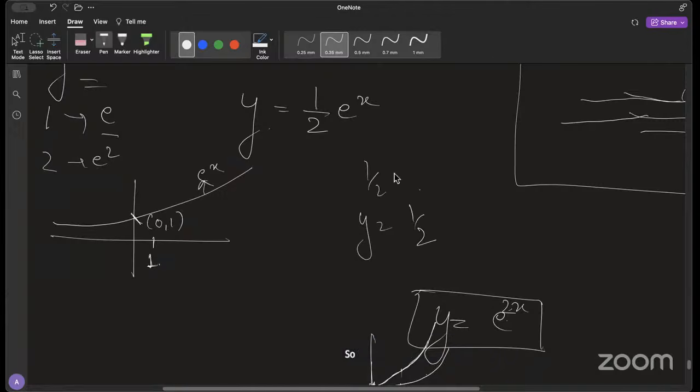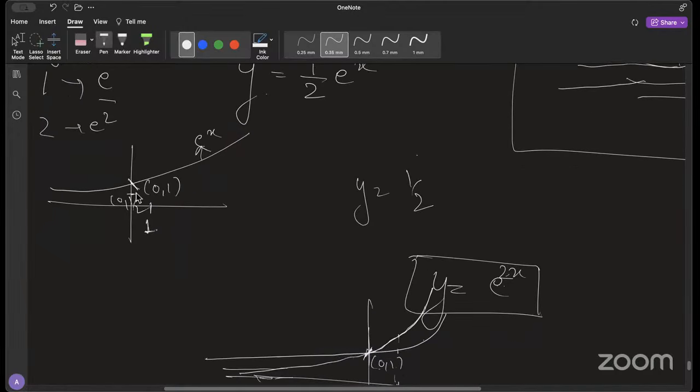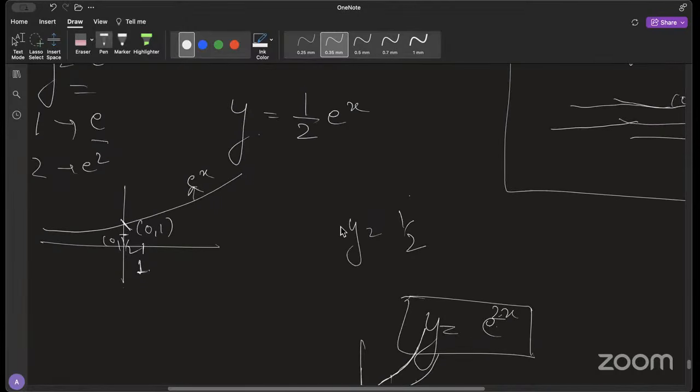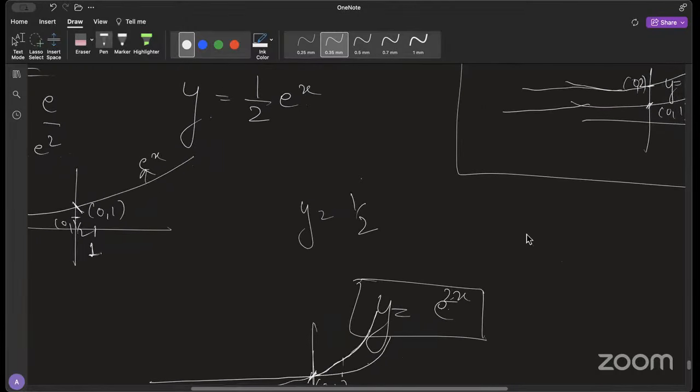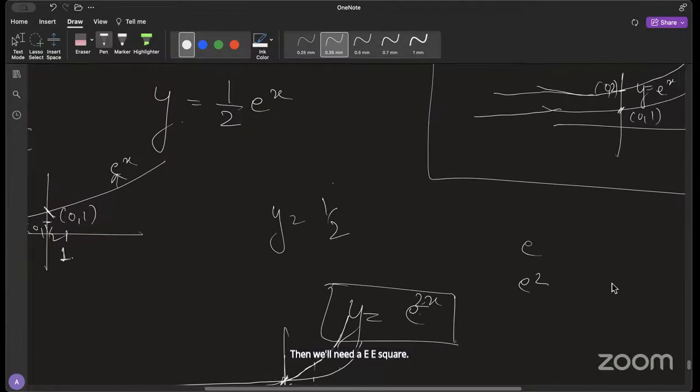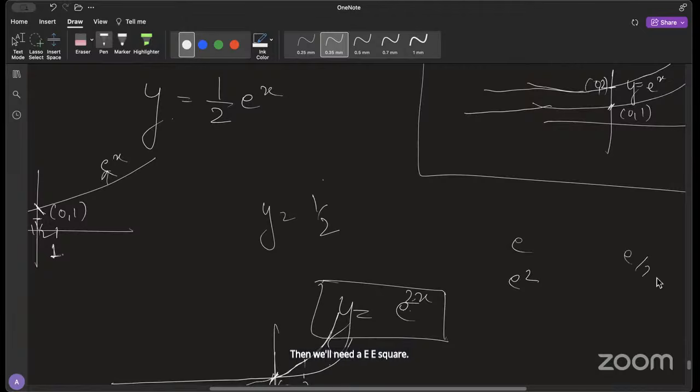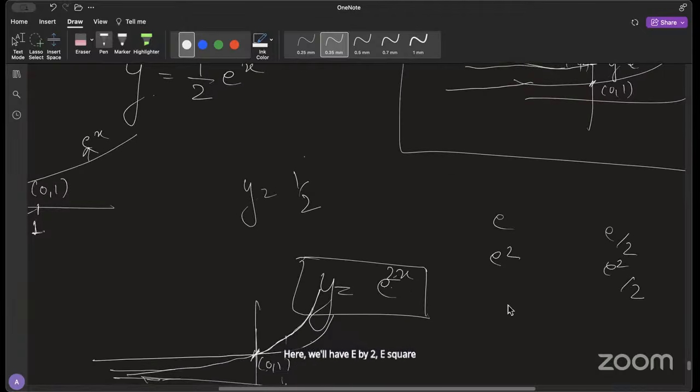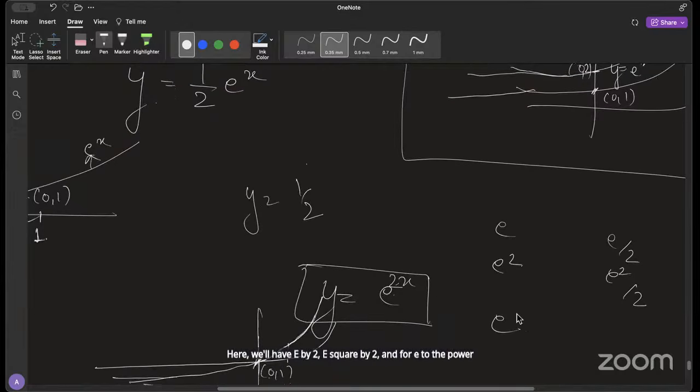So it'll be 0 comma half, which is here. Then we'll need e square. Here we'll have e by 2, e square by 2. And for e to the power, let's say 0.1, we'll have e to the power 0.1 by 2.